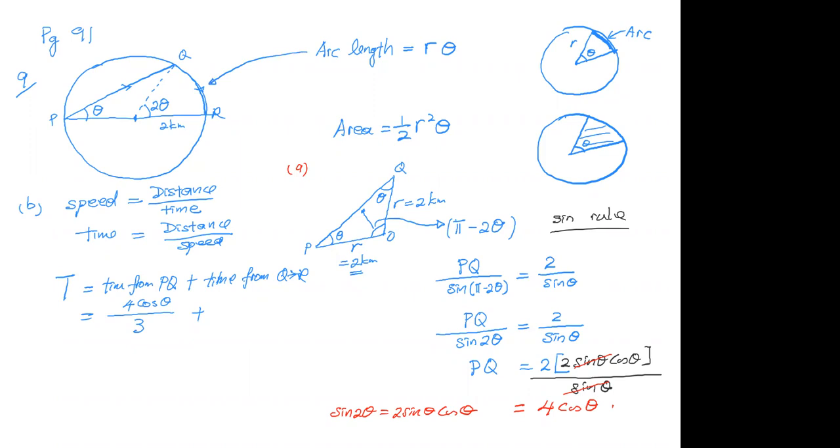Can you tell me the arc length for QR? Radius is 2, angle is 2 theta.